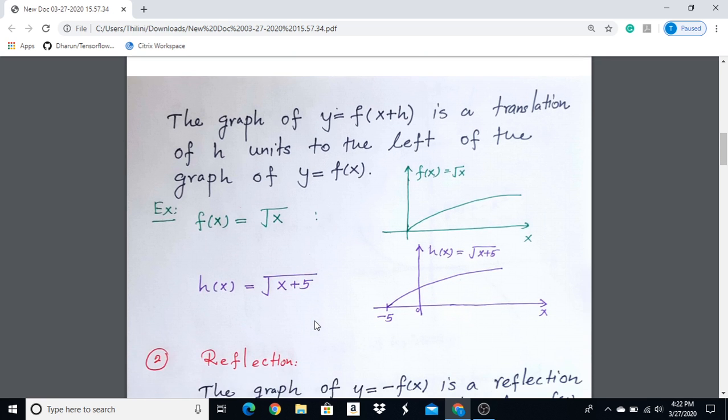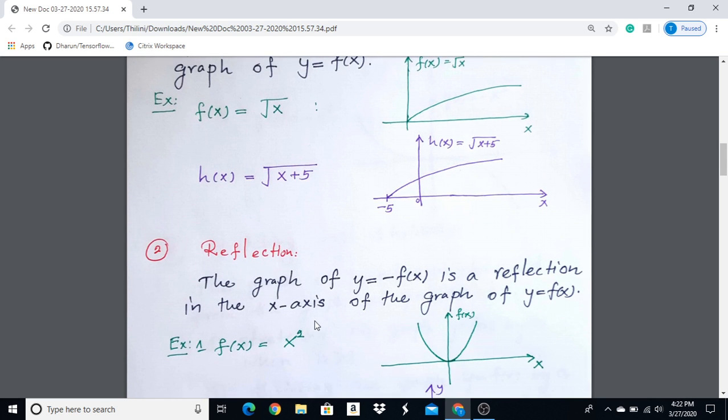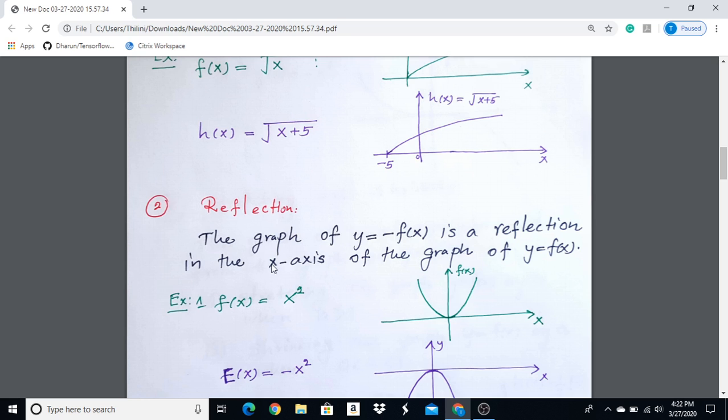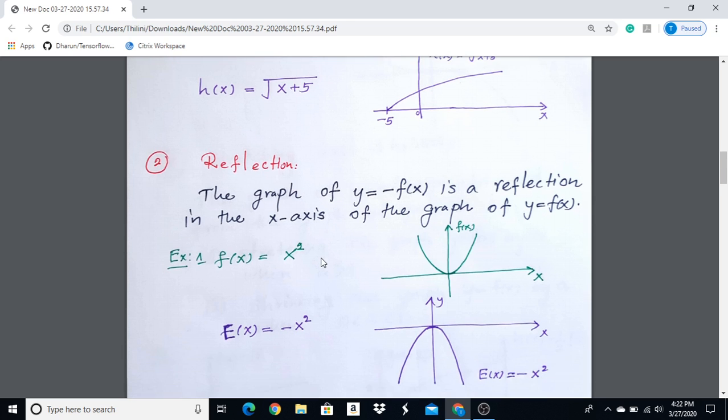The next type is called the reflection. Let's say we have a function y equals minus f of x, where the parent graph is y equals f of x. Now we are multiplying it by -1, so it becomes y equals minus f of x. This is called a reflection transformation. That means the graph is reflected across the x-axis.